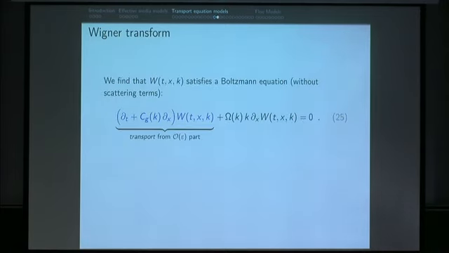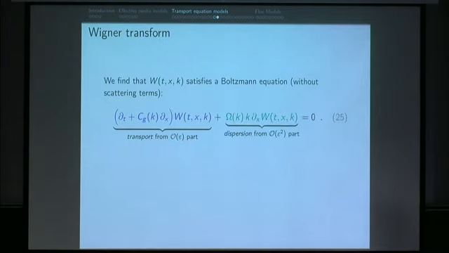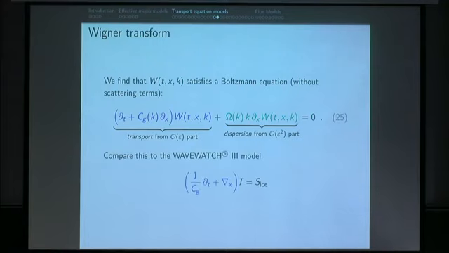So we see this transport term and some new dispersion term which comes from the second order part of the expansion, and I associate that with the left-hand side of what we have in WaveWatch. Only that we have this extra term here. So the question is, how do we get this source term?